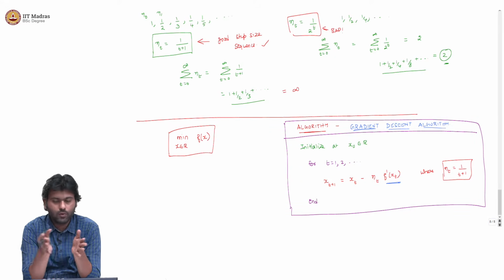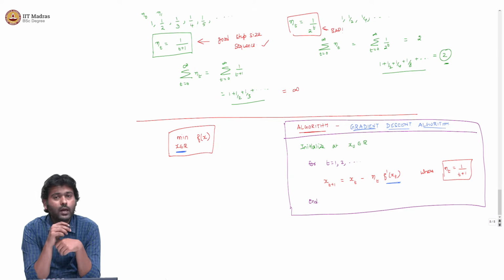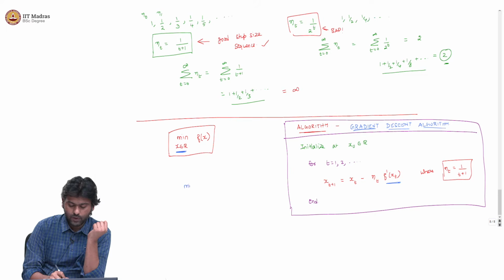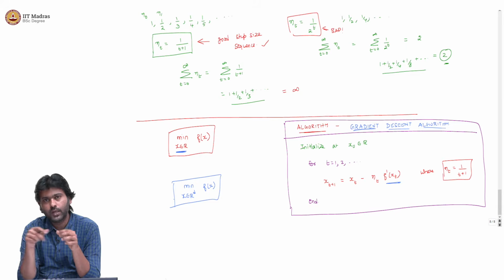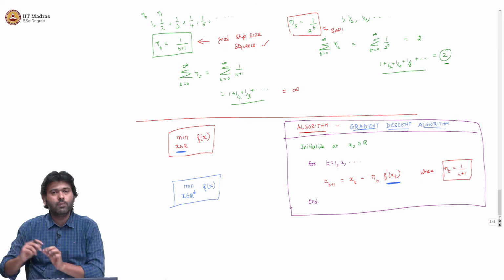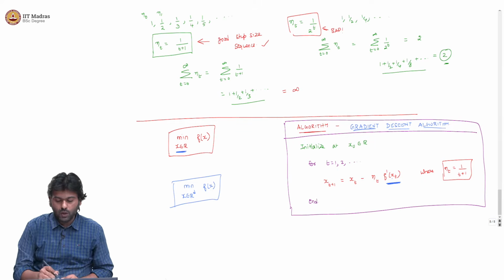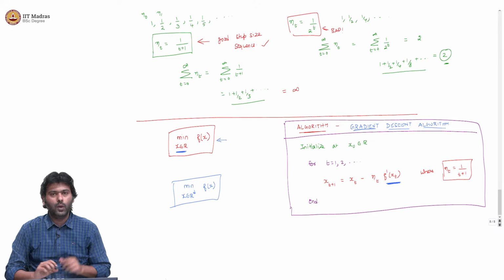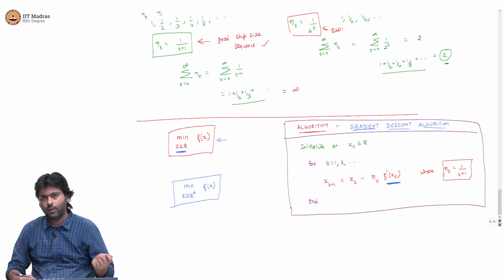It does not work just for one dimensional problems where x is in R. It can work for a general problem as well, where you have x in d dimensions, where you want to minimize f of x, where f is now a function that takes as input a d dimensional vector and outputs a real number. There, instead of the derivative, we will replace it with something called a gradient, which we will come to later. But for the moment, what we have is an algorithm which is going to work well when you have a function and you do not have any constraints, and you can take the derivative of this function.